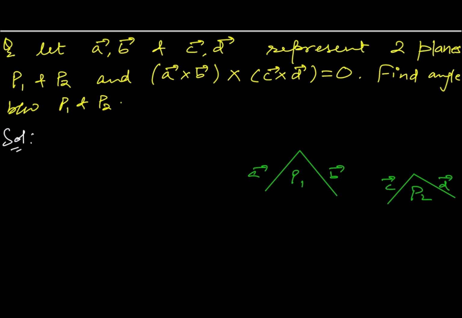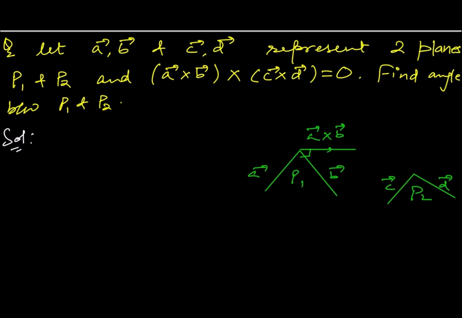A cross B is nothing but a vector perpendicular to vector A and vector B, right? Or you can say A cross B is a vector perpendicular to the plane P1, right? So this is nothing but A cross B, you can say.